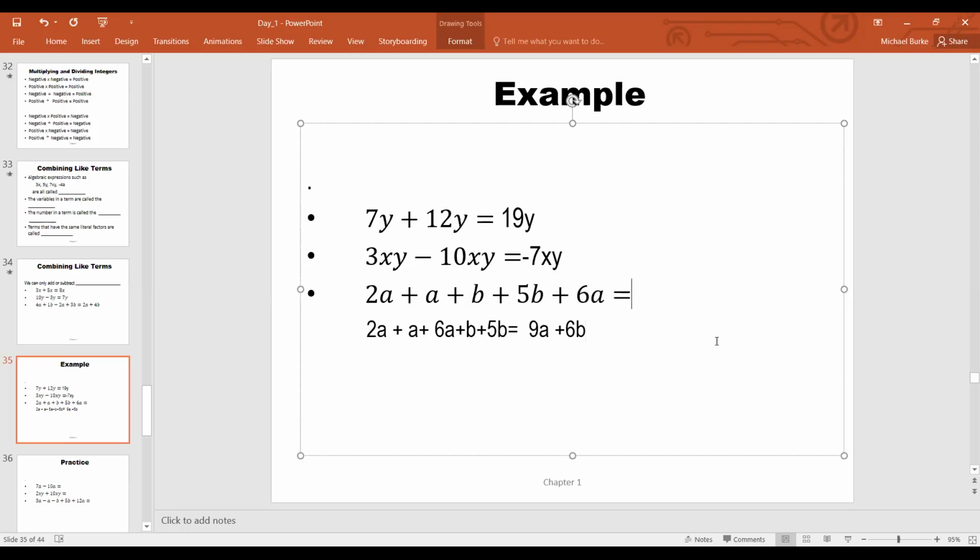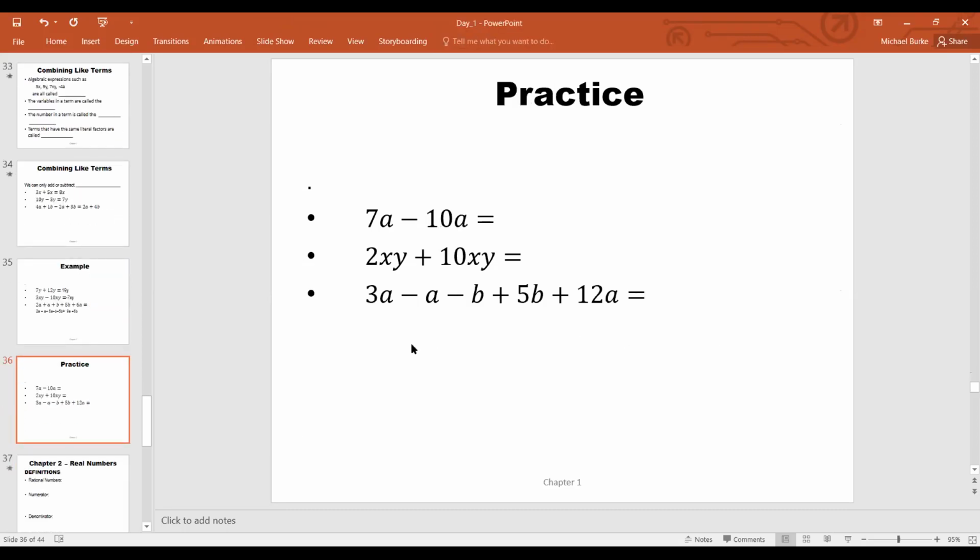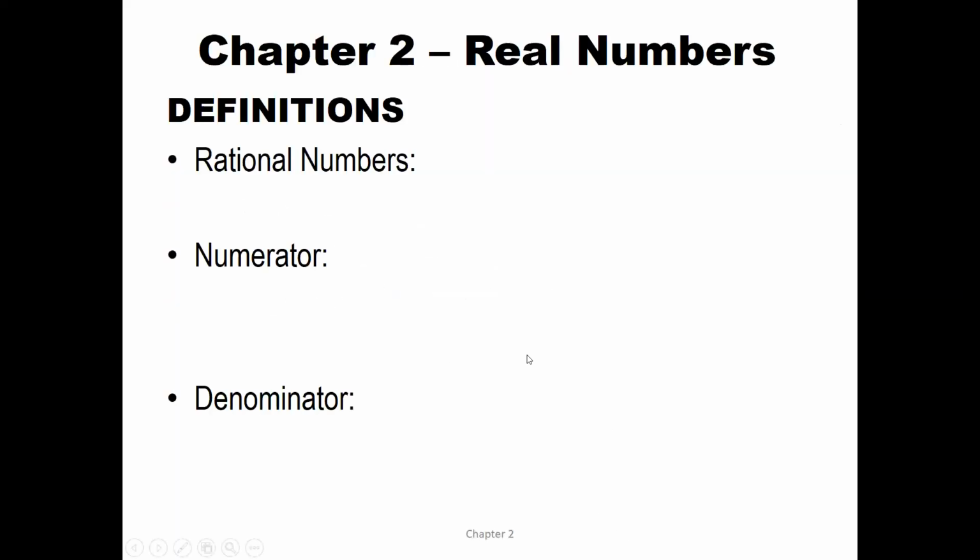So that's how that one works. So you can see the examples there. So let's go back to our thing.